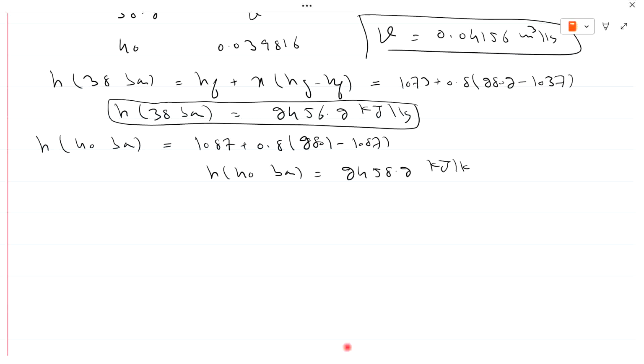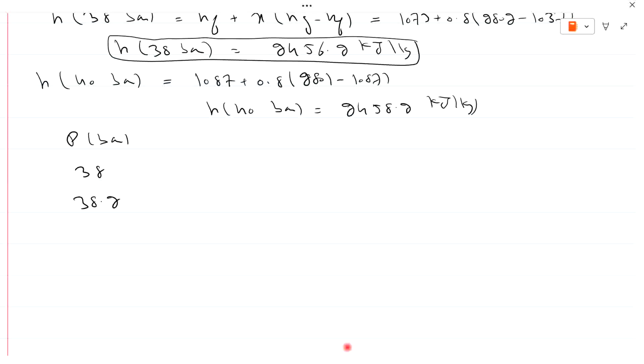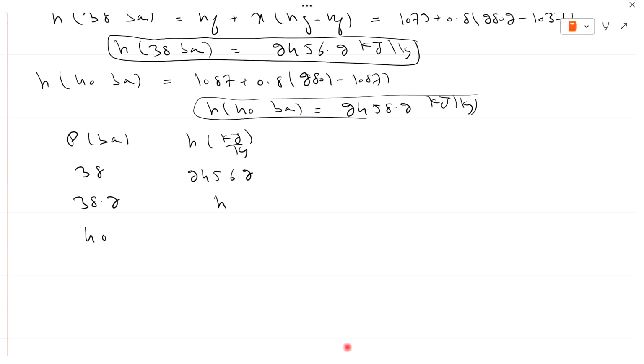Now do interpolation. Pressure in bar: 38 bar, 38.2 bar and 40 bar. Enthalpy is in kilojoule per kg. At 38 bar, enthalpy is 2456.2 kilojoule per kg. At 38.2 bar it is required, and at 40 bar it is 2458.2 kilojoule per kg.